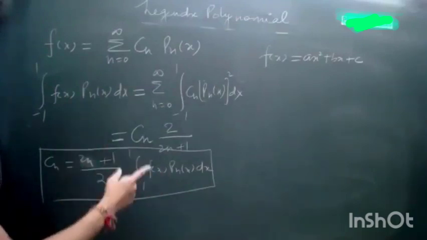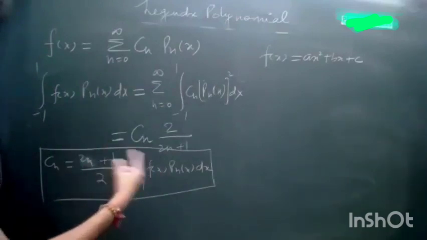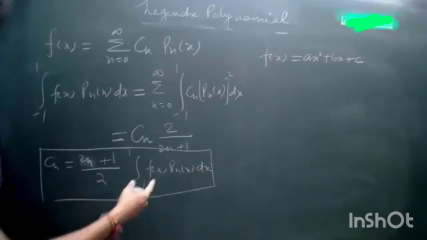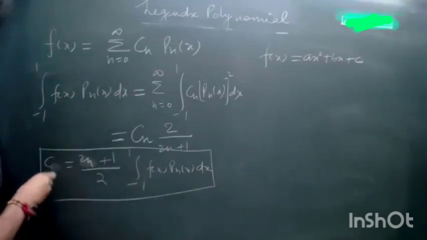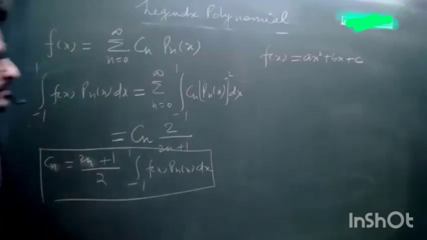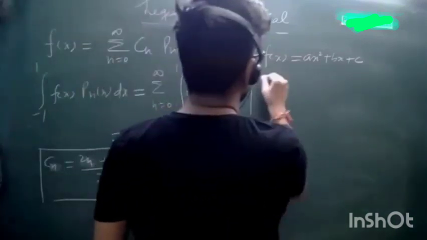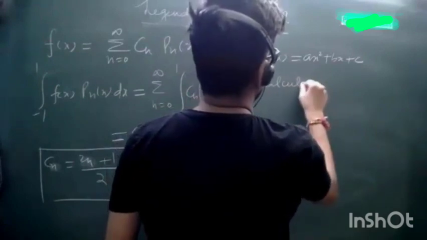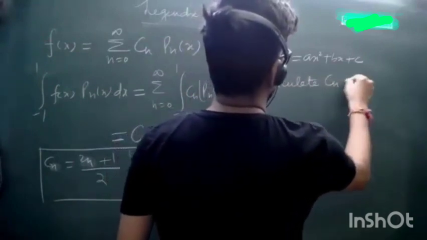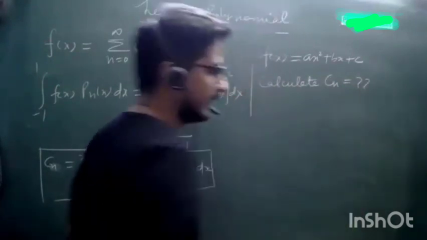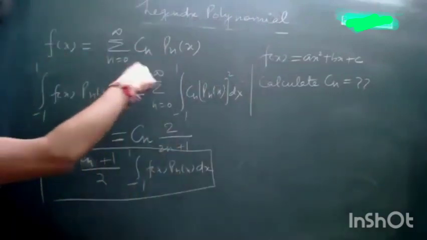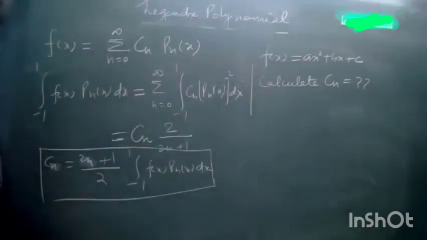Then calculate c0, c1, c2 and use orthogonality relation quickly to calculate the value. So calculate Cn for this. And once you get Cn, then you can just write the series.